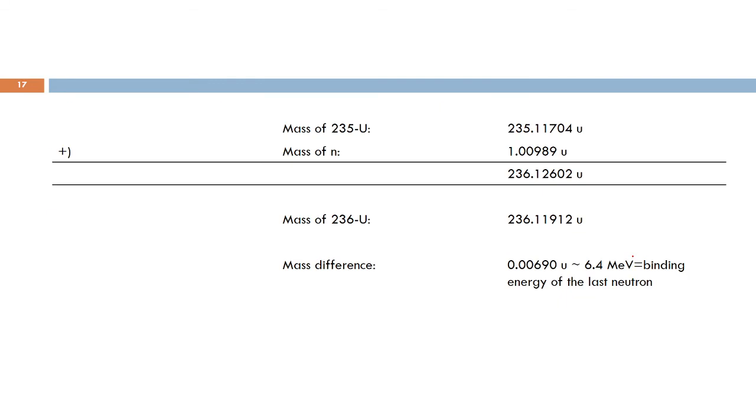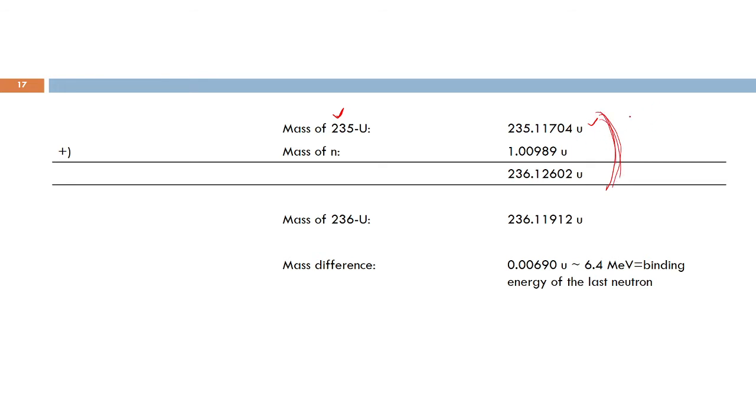So this is the mass of uranium-235, which is 235.11704 atomic mass units, or simply U. And we know the mass of neutron is 1.00989 U. So if you total, you get 236.12602.